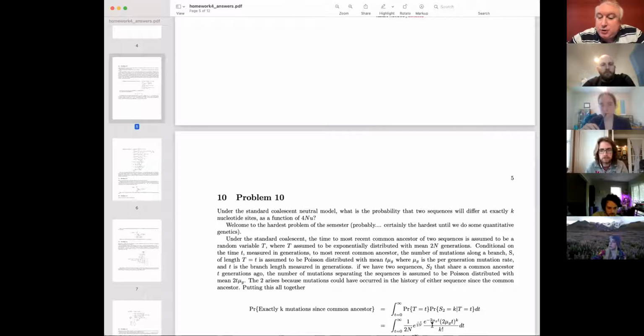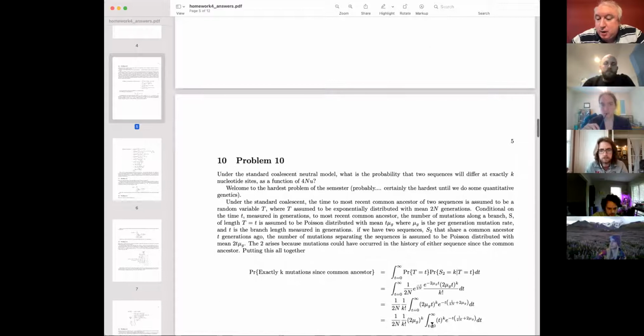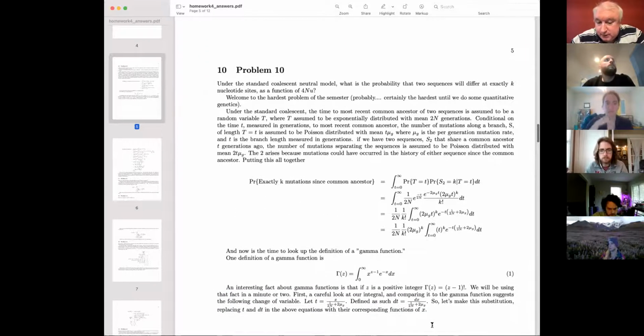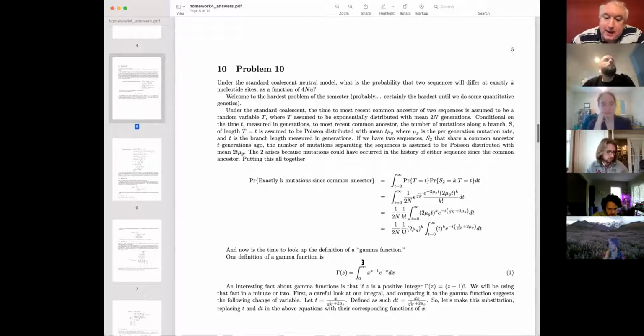There's a good chance you're going to be unable to solve that integral unless you happen to know what a gamma function is. And a gamma function, one definition of gamma of z, is the integral from 0 to infinity of x to the minus z, e to the minus x dx. And it turns out I'm going to be able to make this mess here look like a gamma function, and I'm going to replace that ugly integral with a gamma function.